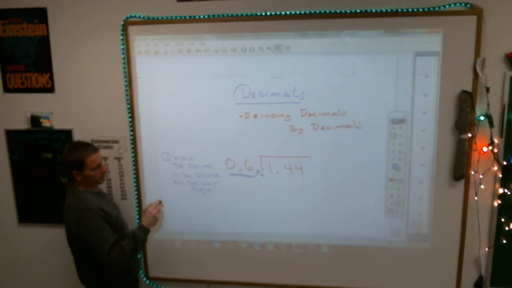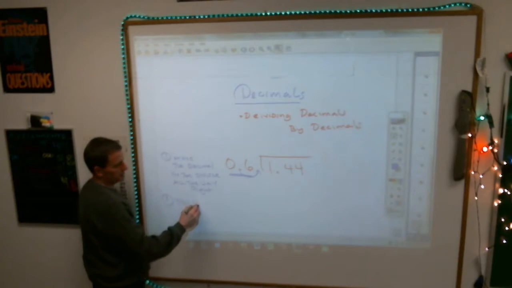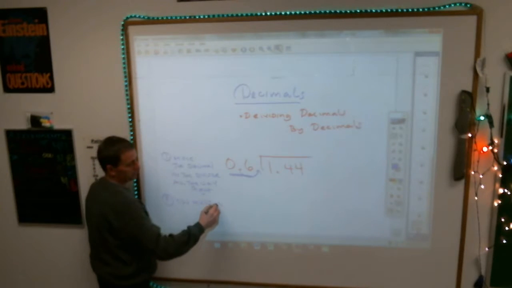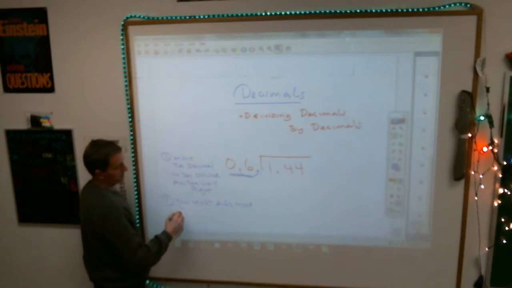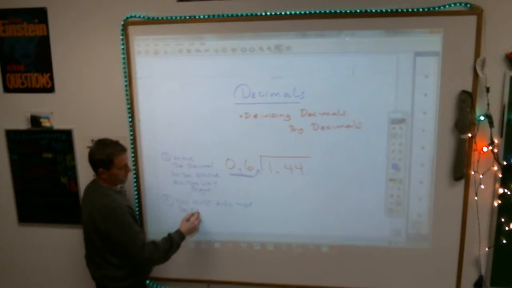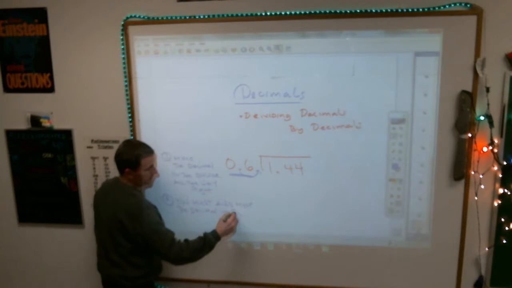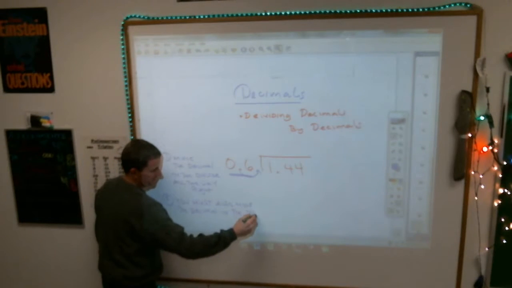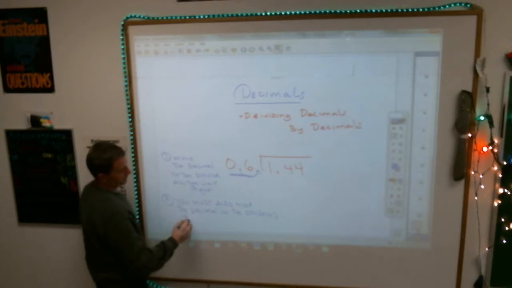The problem is with that, you have to do step number 2 before you're dividing. You must also move the decimal in the dividend, that's that one underneath, the same number of places.